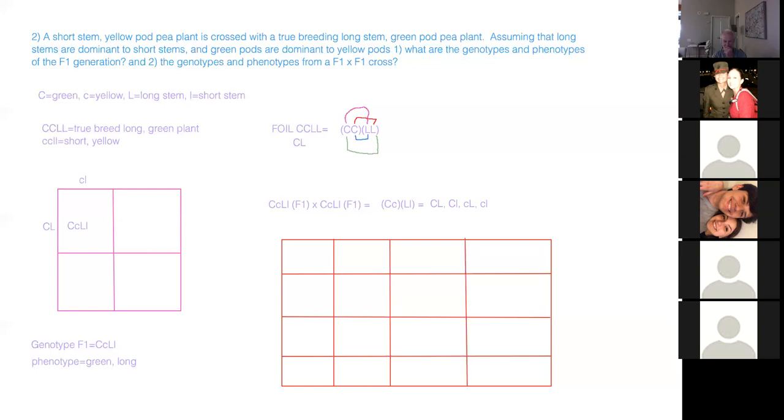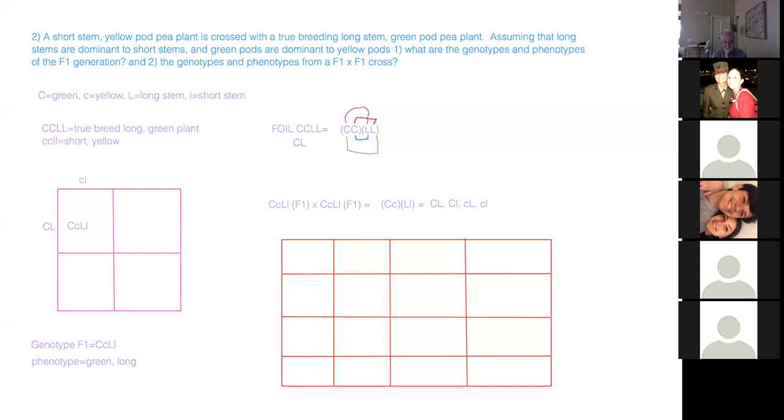So again, when you're doing a Punnett square, one individual goes on the top and one individual goes on the side, generally the left-hand side. Don't try and put some of one on one side, some of the other on the other. Each individual gets its own axis.